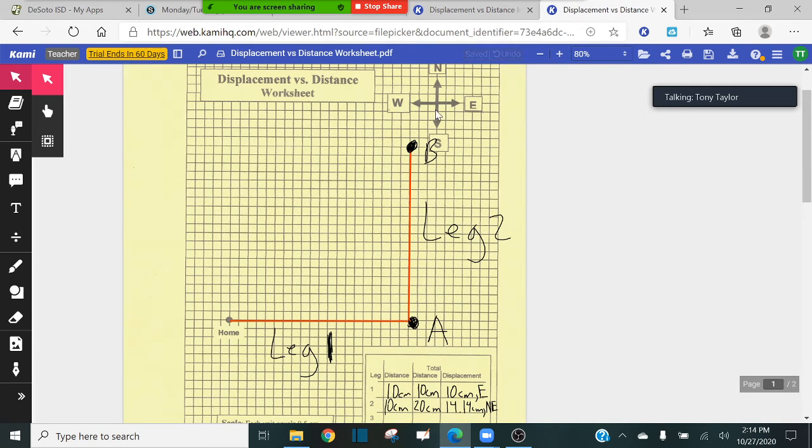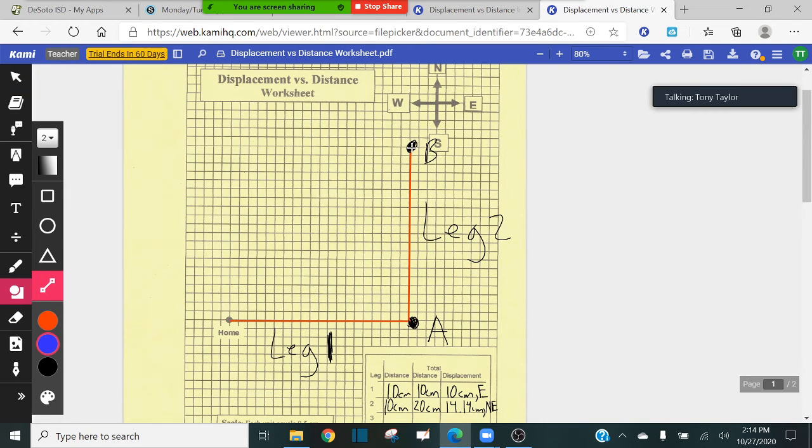So now at this point right here, we're going to go 10 centimeters straight west. So from this point right here, we go, hold on, guys, 10 centimeters straight west, which is 20 squares. Let me make sure that's lined up right.